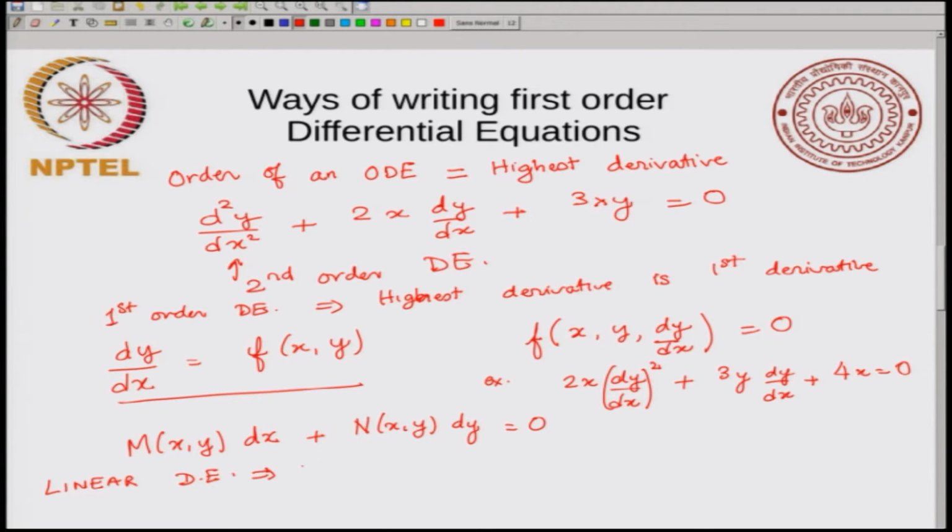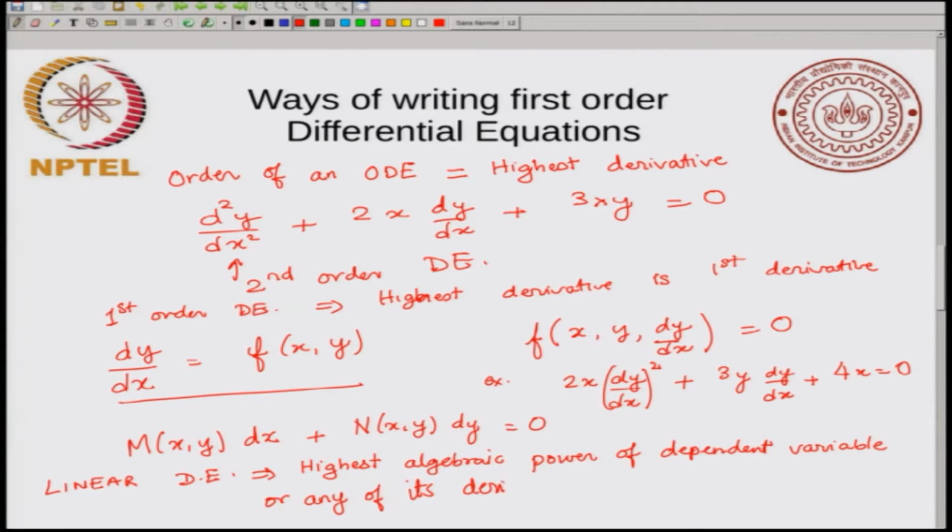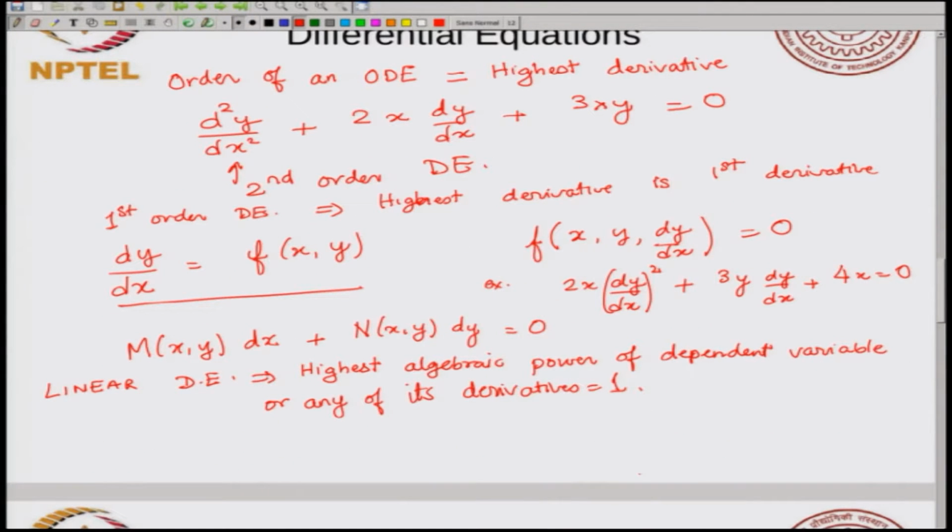It implies the highest algebraic power of the dependent variable or any of its derivatives is equal to 1. Okay. So, a linear differential equation means the highest algebraic power of the dependent variable or any of its derivatives is equal to 1.